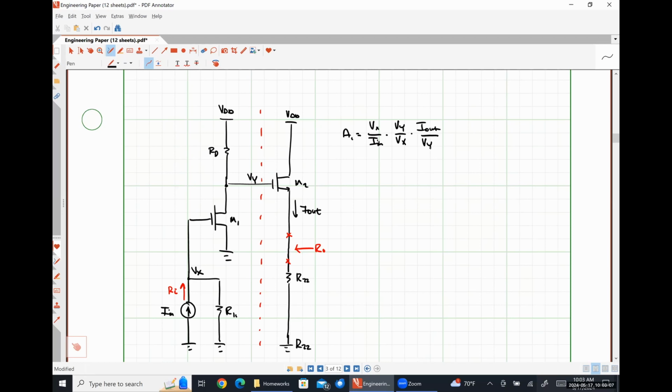So let's start with the easiest part. What is the relationship between Vx and In? Yep.